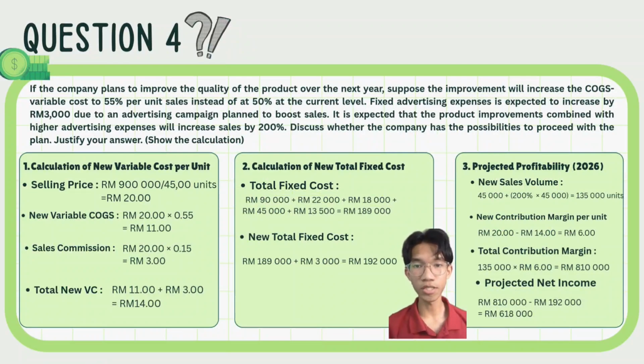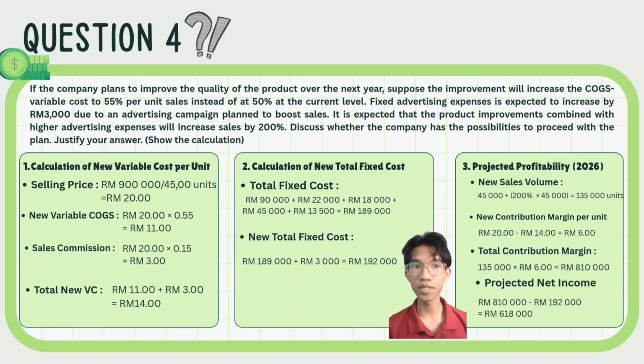Next, we're moving to question 4. First, we need to determine the new variable cost per unit based on the 55% COGS variable cost requirement and the existing sales commissions. We calculate the new variable cost per unit starting from the selling price, which is 900,000 ringgit divided by 45,000 units, equals 20 ringgit Malaysia.